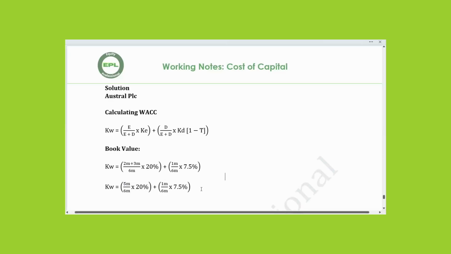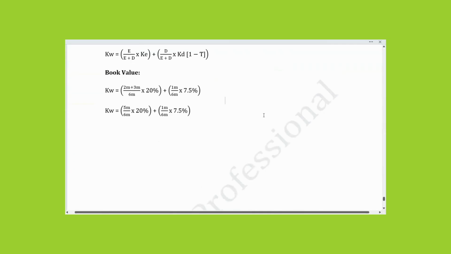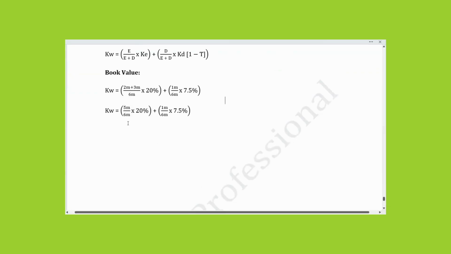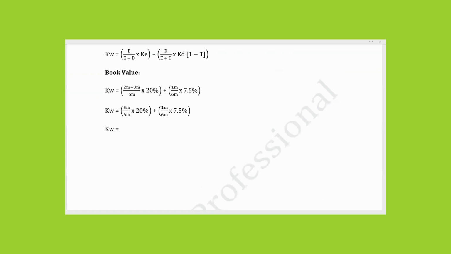All right. So what do we have here? So I will then come here. WACC equal to 5 divided by 6. Bring out your calculator from your end. Let's do it together, please. 5 divided by 6 multiplied by 20 equal to 16.67.